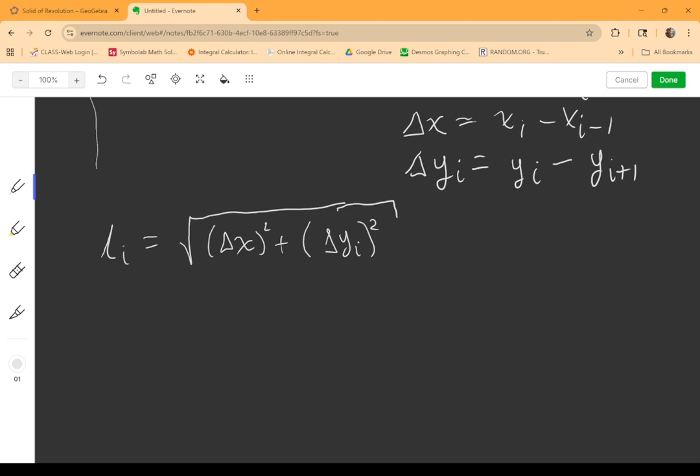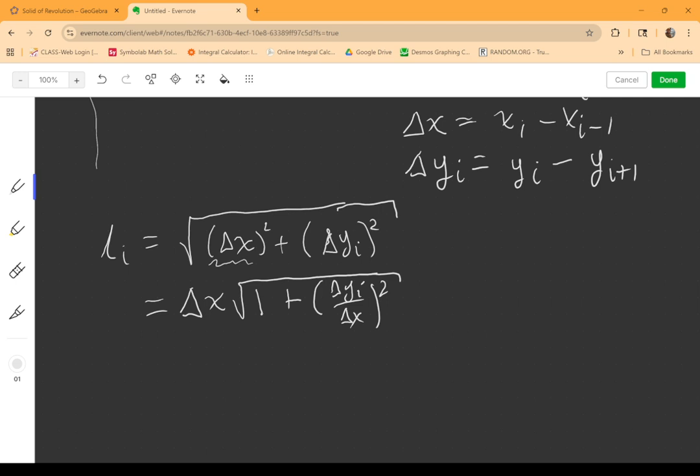Now we're going to do a little factoring here. I'm going to factor out this quantity, even though it's not in common here, that's okay. If I factor out delta x squared, but I'm taking the square root of it, I can write it outside of the root as just delta x. And what I'm left with inside is 1 plus the quantity delta y sub i over delta x, the whole quantity squared.